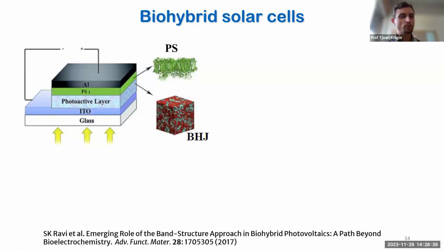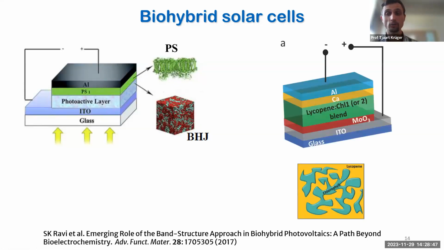Okay, so the principle is quite similar to all the previous cases that I've shown. Now, instead of using a complete photosystem, biomolecules can also be used. So this is an example where two biomolecules were used, lycopene, which is a carotenoid. It is actually the carotenoid that gives the color red to tomatoes. And then there are also two types of chlorophyll derivatives that were used.